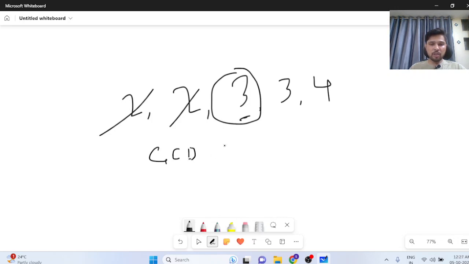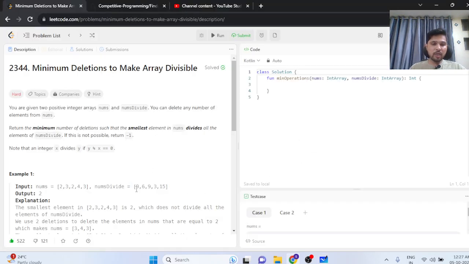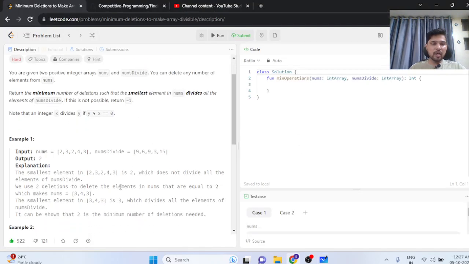If I perform the GCD on my second array, that is nums divide, it can give me a number. In this case the GCD of this one is 3, the greatest common divisor.